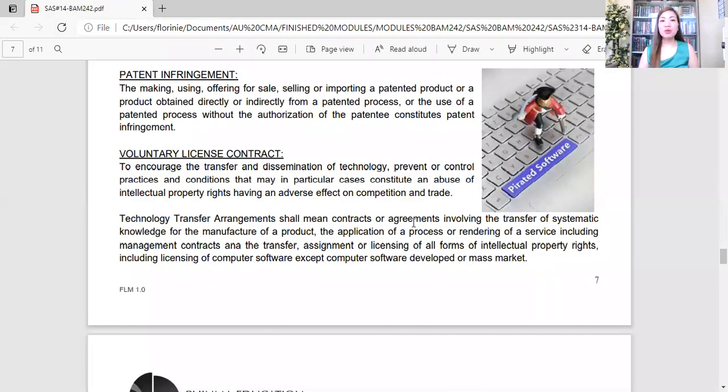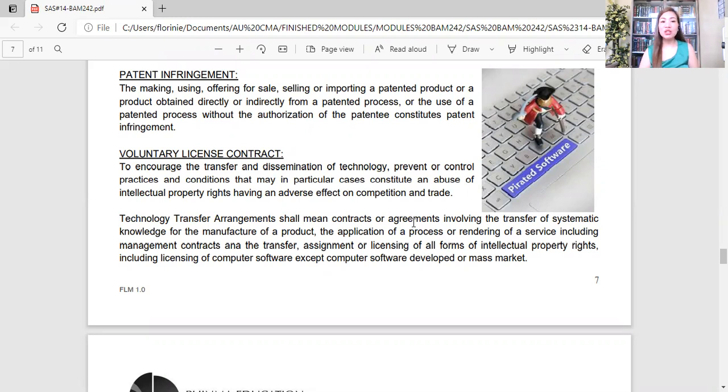Ang pinaka-importante dito sa patent infringement, yung pagkakagamit, yung pagkakasale at importation ng patented product or process is without the authority of the patentee. Kapag gayon ay without the authorization of the patentee, it automatically constitutes patent infringement.